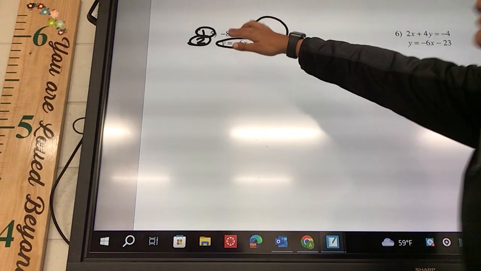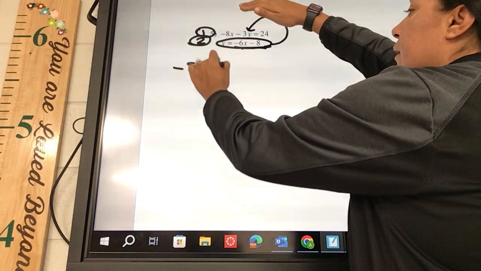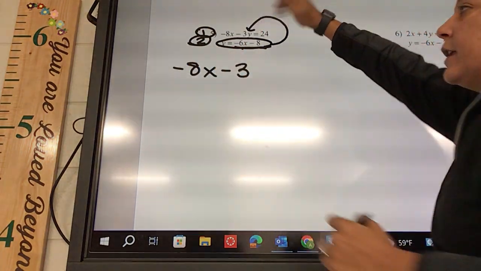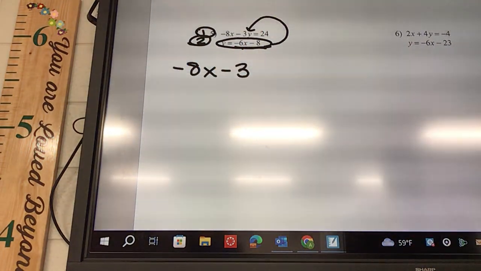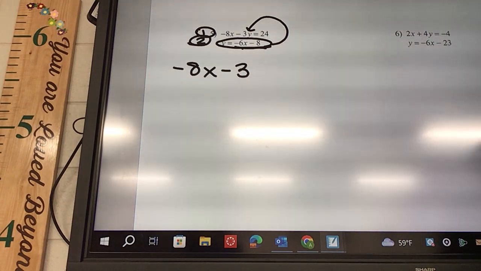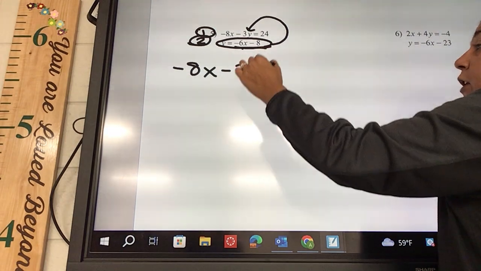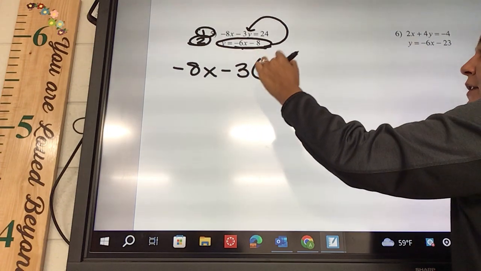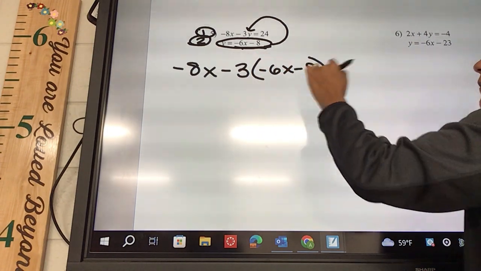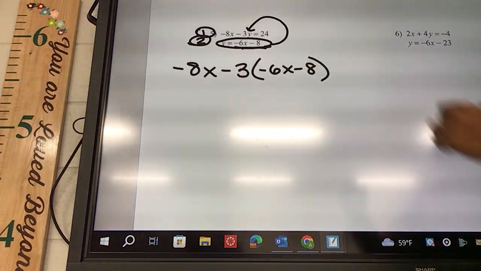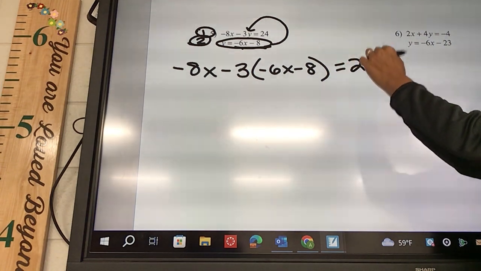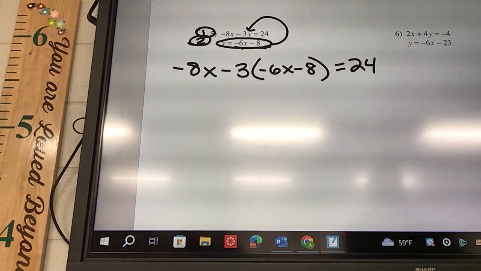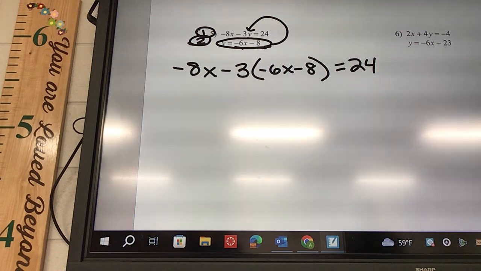So you're going to say negative 8x minus 3. Now again, instead of y, what does he like to be called? Negative 6x minus 8. Good. Again, you have to use parentheses, negative 6x minus 8, or distribute it, right? Equals 24.